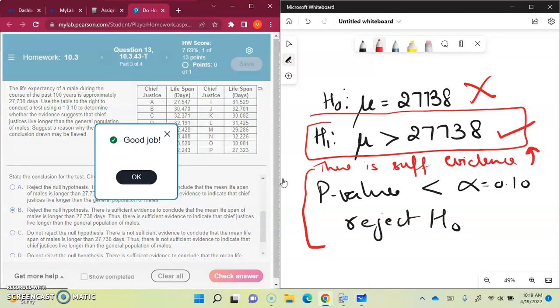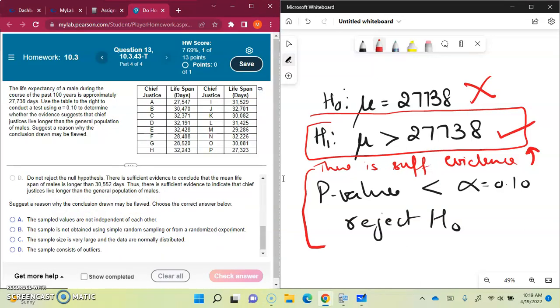Let's check that. Okay. Now, suggest a reason why the conclusion may be flawed. So what you see happening is that instead of going ahead and finding a random sample, they just pick the chief justices, right? So the sample is not really a random sample. The sample is not obtained using simple random sampling or from a randomized experiment.